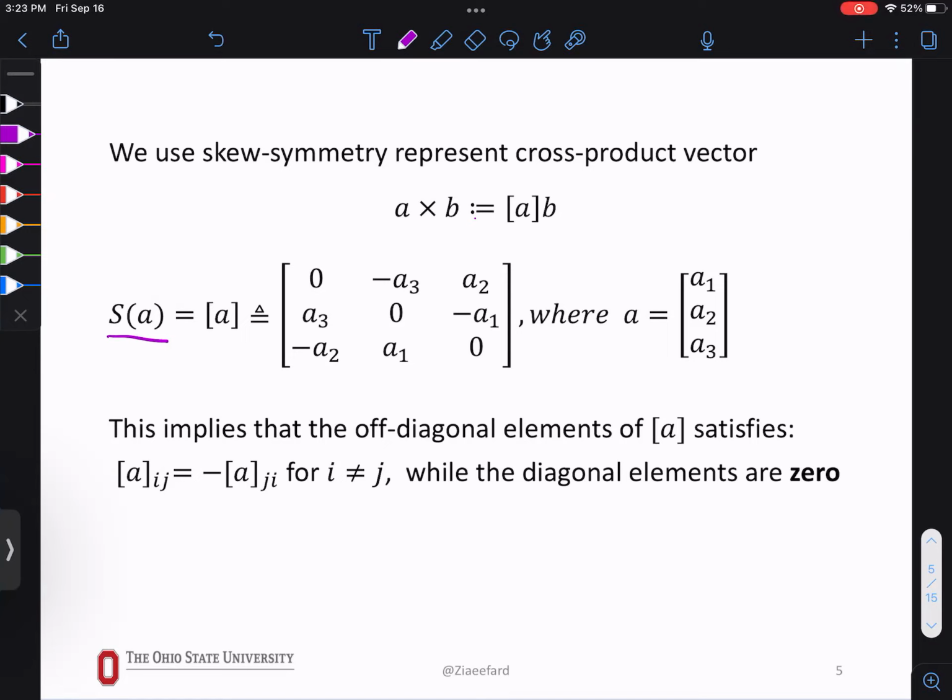There is a proof that this actually works, but you're not going to bother yourself with that. This implies on-diagonals are 0, and off-diagonals just have a negative sign, so there's a sign difference, they're the opposite. So for any given A vector, you can write the skew symmetric of that vector. It's a 3 by 3 matrix. All right.